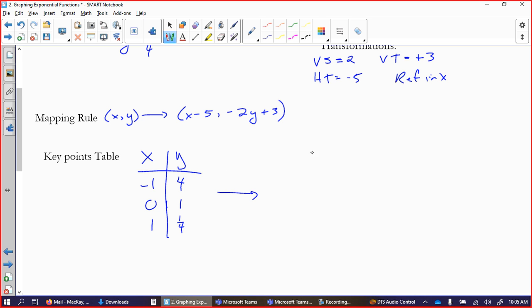So when we transform this, -1 minus 5 is -6, -5, and -4.